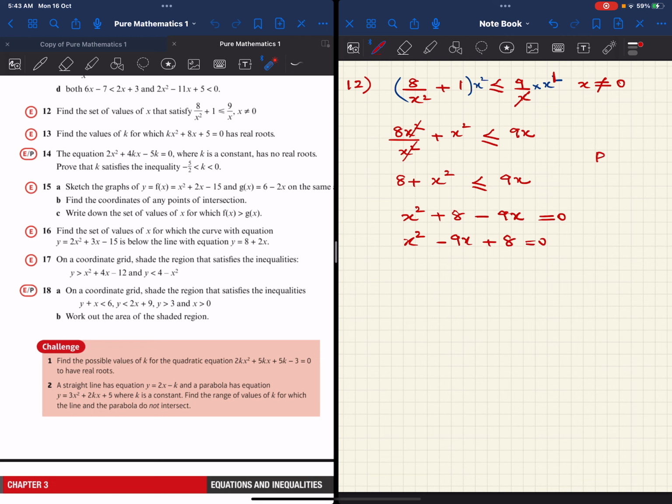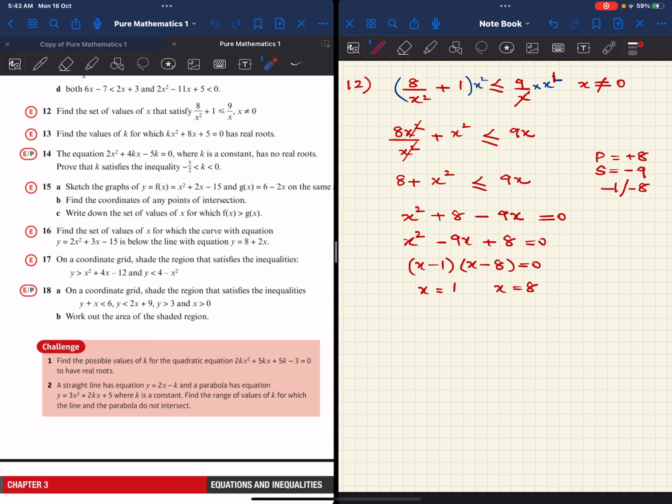So our product is positive 8. Sum is negative 9. So the numbers are minus 1 and minus 8. So we have x minus 1 into x minus 8 is equal to 0. Therefore, x is equal to 1 or x is equal to 8.